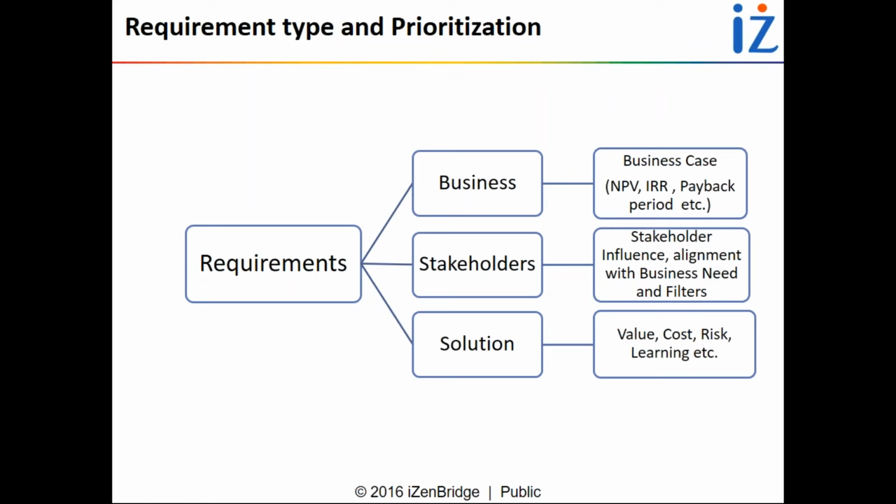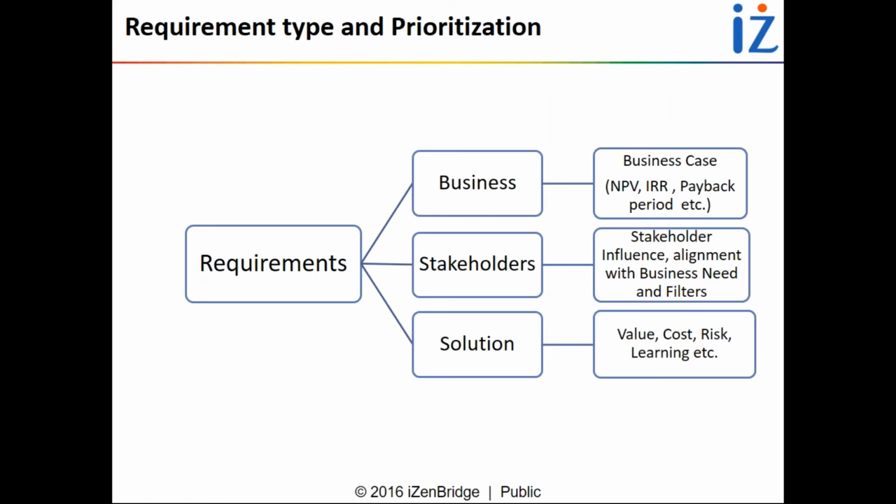At the business level, you prioritize your features on the basis of what is the net present value, what is the internal rate of return, what is the payback period. On the basis of the preference of business stakeholders, you use these financial metrics or methods to prioritize your business requirements. Now you have selected business requirements.